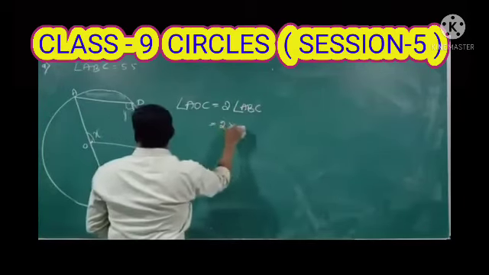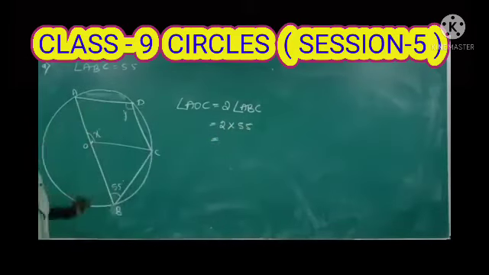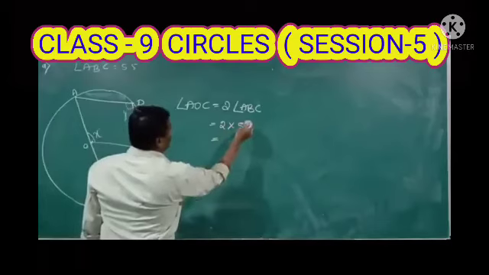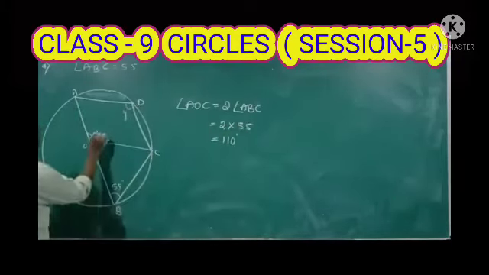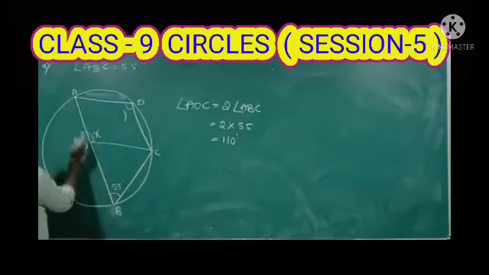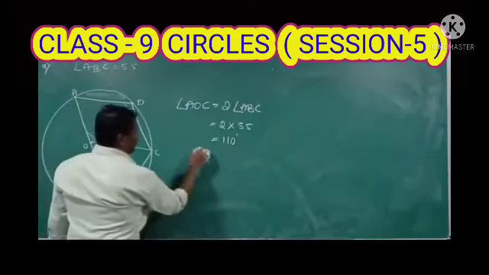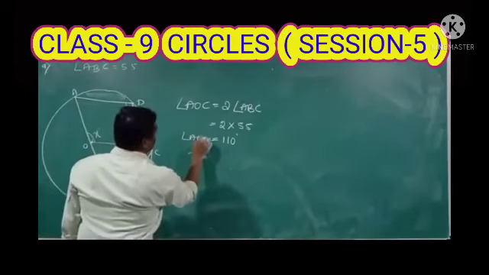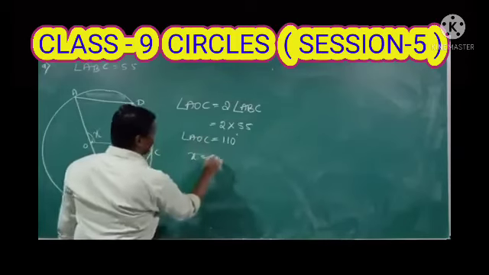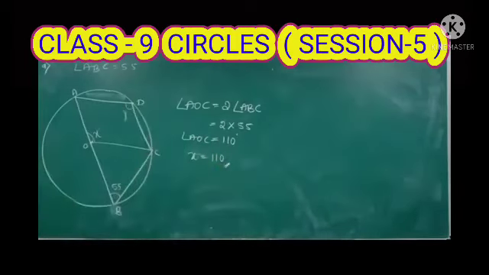So 2 into 55, since we already know angle ABC, which means 110 degrees. So angle AOC is nothing but the x value. So x is equal to 110.